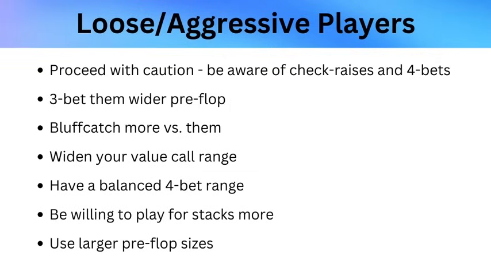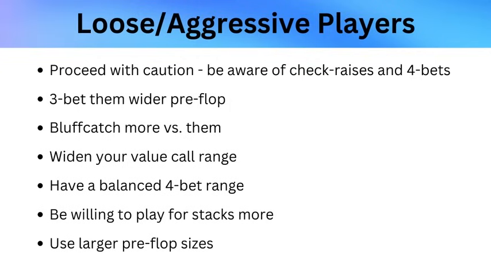An aggressive player can, of course, put pressure on you and raise your C-bets and things like that. But at the end of the day, they have to have something. So if you fight back with aggression, they're just going to have to make a lot of folds, right? Because they're calling wide preflop.